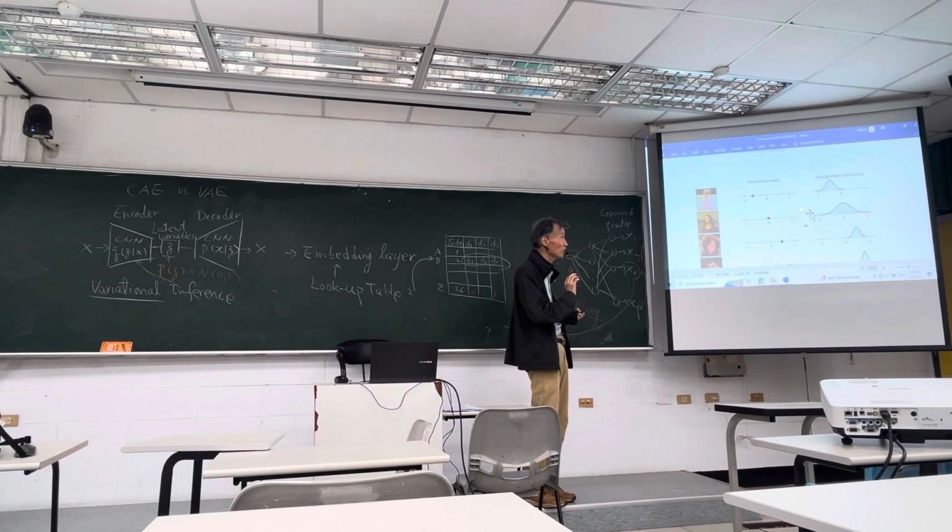Anyway, the mean will be less than 0. But it won't give you a crisp value, just like CAE gives you a discrete value. Instead, VAE will give you a distribution.